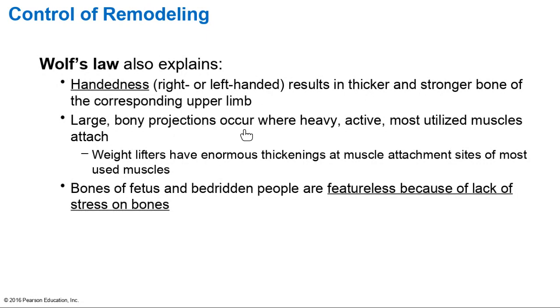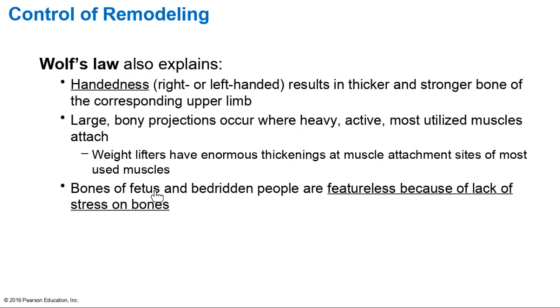You'll have large bony projections on bones where muscles are used the most. At those attachment sites on bone, the muscles that are used the most will have larger projections. And again, I think I've mentioned this before, people like weightlifters are going to have much larger, say, greater trochanter and lesser trochanter of the femur than a person who is not a weightlifter, because they're placing an increased demand on their bones by exercising the muscle.